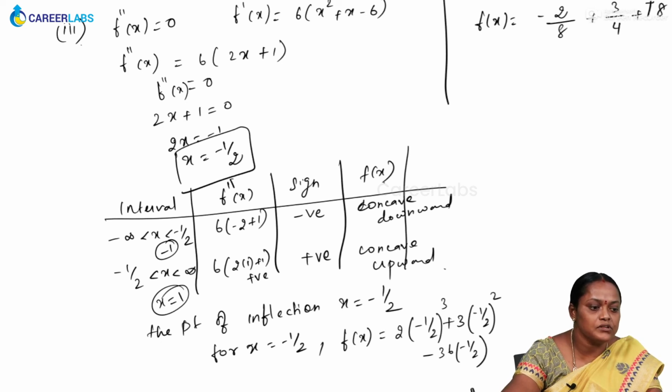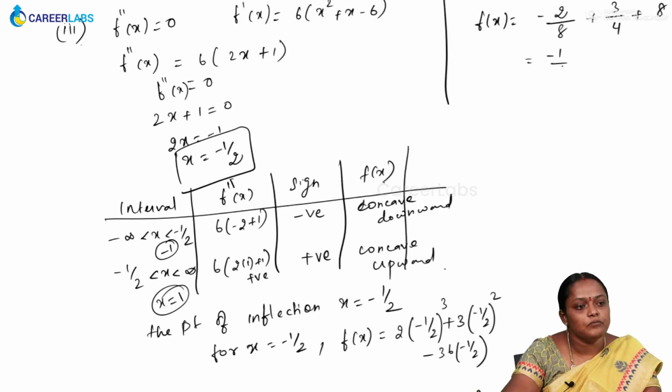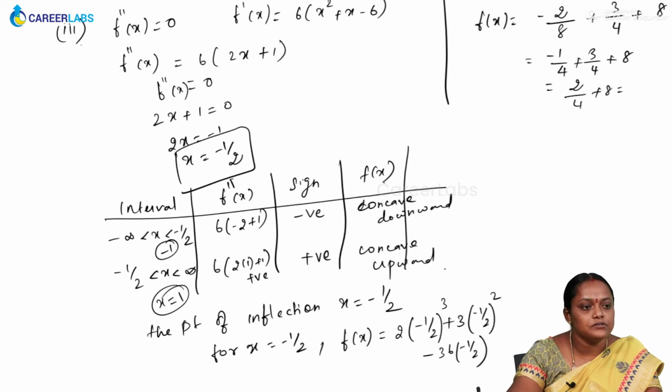This is equivalent to minus 1 by 4 plus 3 by 4 plus 18, which is plus 2 divided by 4 plus 18. So this is equivalent to 1 by 2 plus 18, which is 37 divided by 2.